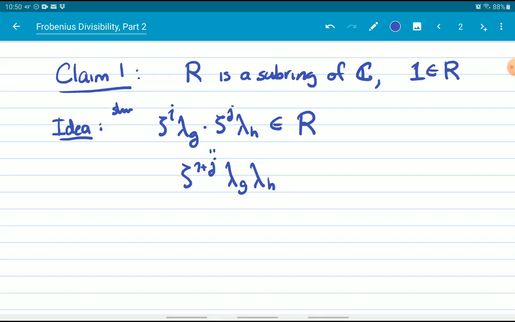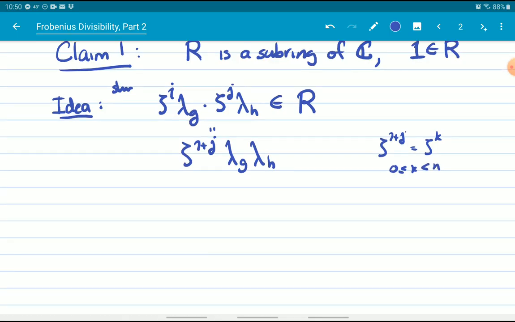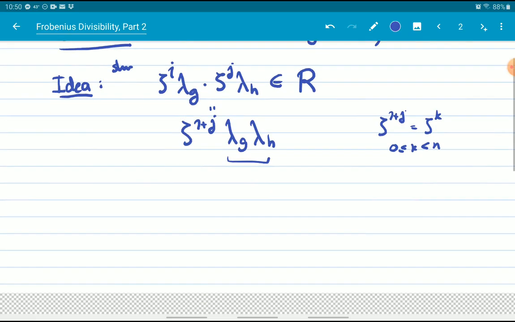Now, zeta to the i plus j, because zeta was an nth root of unity, can always be written as zeta to the k, where k is between 0 and n. So basically, I just have to understand this expression, lambda g times lambda h.